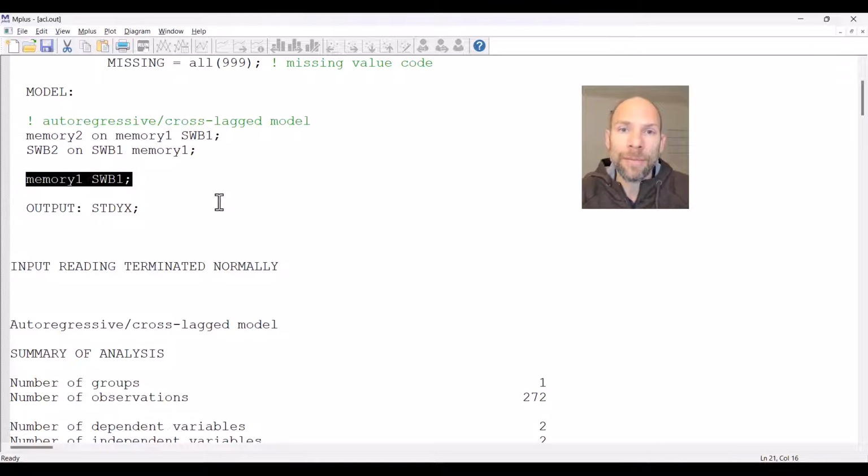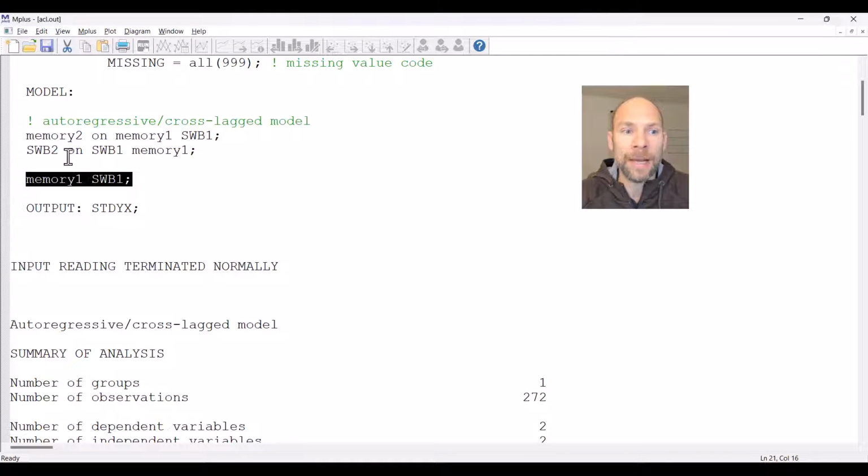Mplus uses full information maximum likelihood estimation with missing data by default, and so missing scores are automatically included if there are any, however only for the endogenous variables. So the exogenous variables will not automatically be part of that full information maximum likelihood estimation, or more precisely the missing scores. If there are any missing scores on exogenous variables, then Mplus will not include them unless you explicitly mention parameters for those exogenous variables.